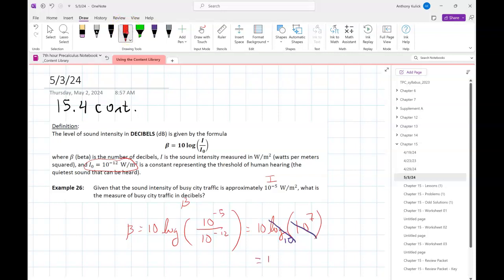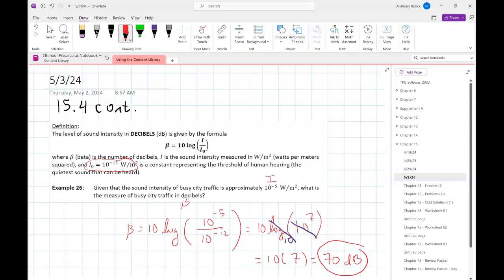So we're left with 10 times 7, or 70 decibels. What do you guys think? Easy squeezy? And again, not unreasonable to just type the original thing into your calculator and press enter. There's nothing wrong with doing that.